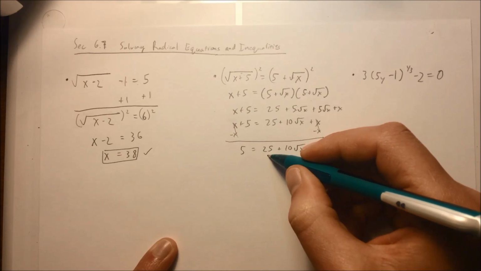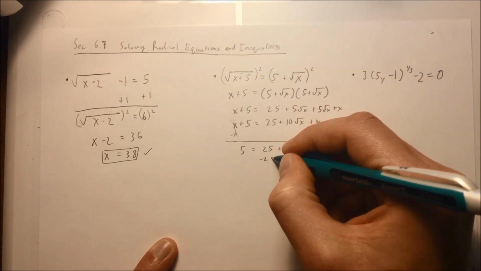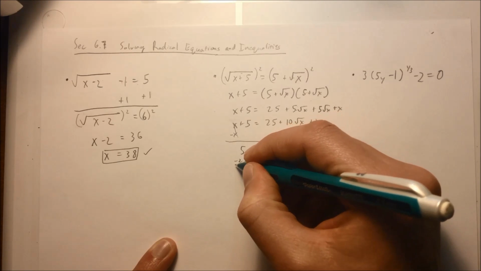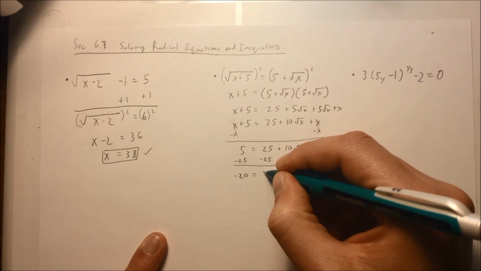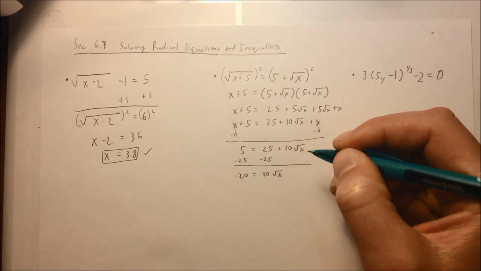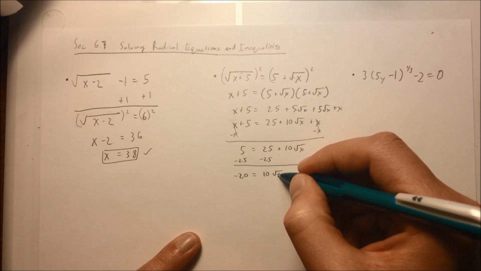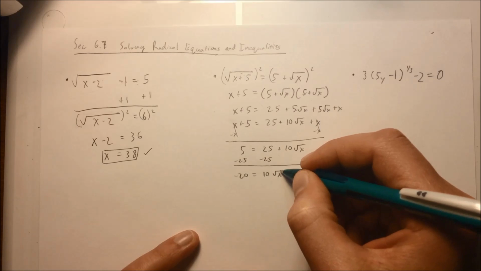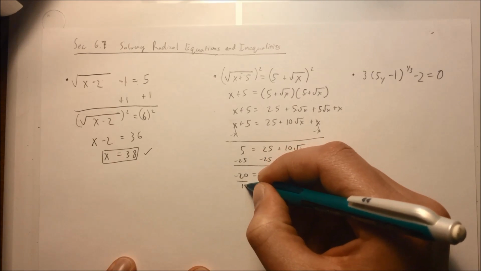So let me subtract 25 from both sides here. I'm going to get negative 20 is equal to 10 times the square root of x. And I want to isolate the square root function here, so I'm going to divide both sides by 10.